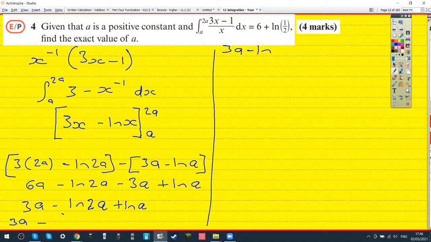So that is 3a minus ln 2 plus ln a, because that would multiply to give you ln 2a. And expand that negative bracket. Minus ln 2 minus ln a. Yep. And simplify.